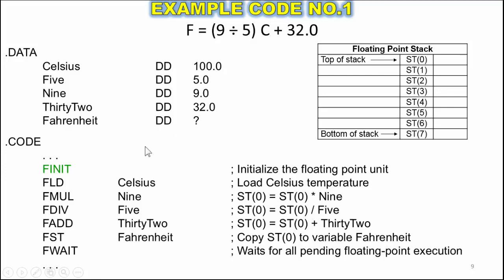In the code segment, the FINIT command initializes the floating point unit. The next command, FLD Celsius, loads the value of the variable Celsius, which is 100, at the top of the floating point stack.